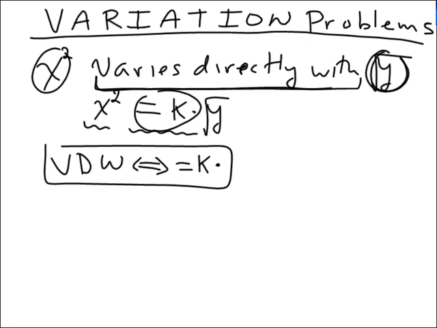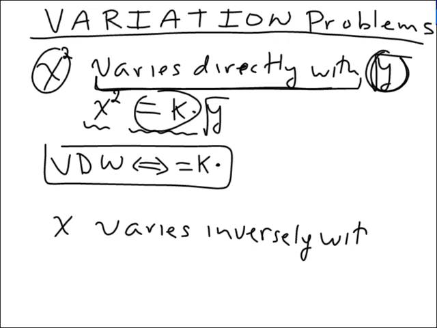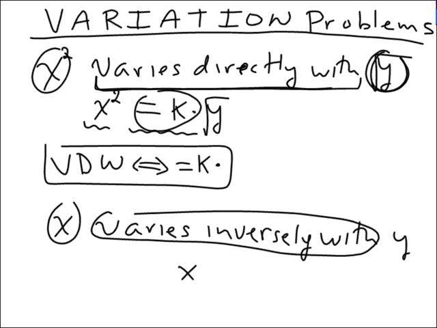Now, what does x varies inversely mean? X varies inversely with y. Well, x means x, and varies inversely means equals k over y.